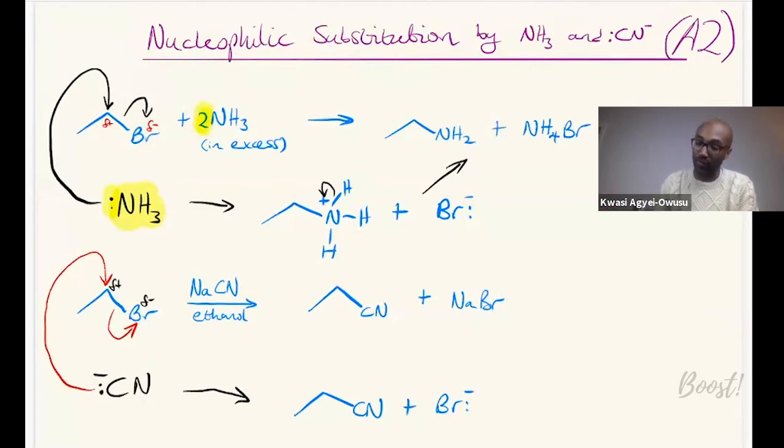You've got your nucleophiles highlighted in yellow, so your ammonia and your cyanide ion, and they both attack the delta plus of your carbon-halogen bond. You've got a delta plus on the carbon atom because your halogen is more electronegative and pulls electron density in that covalent bond towards itself, leaving your carbon atom electron deficient.